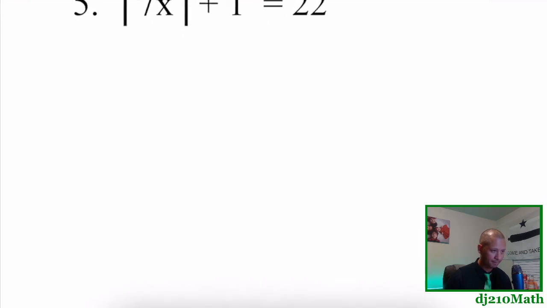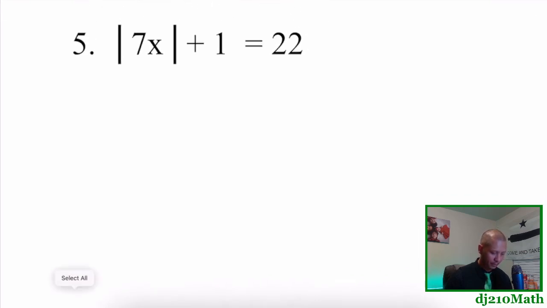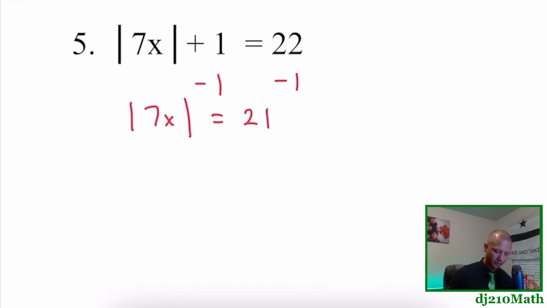Number 5. We want to isolate the absolute value, so I'm going to subtract 1 from both sides. The absolute value of 7x is equal to 22 minus 1, 21.